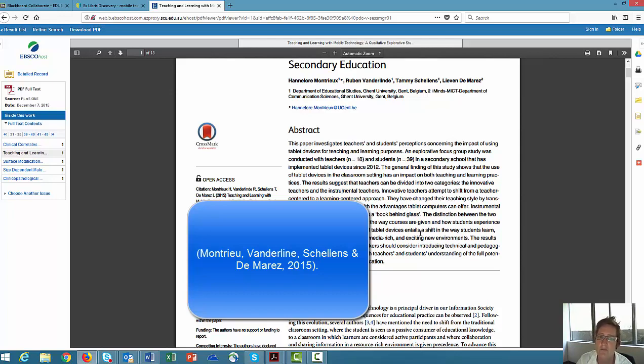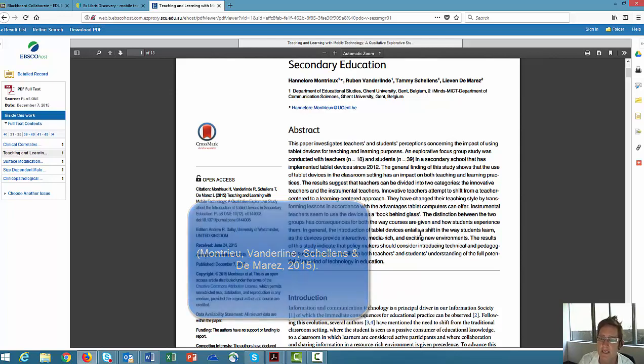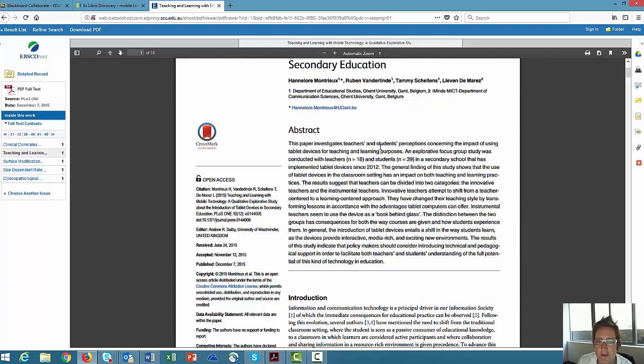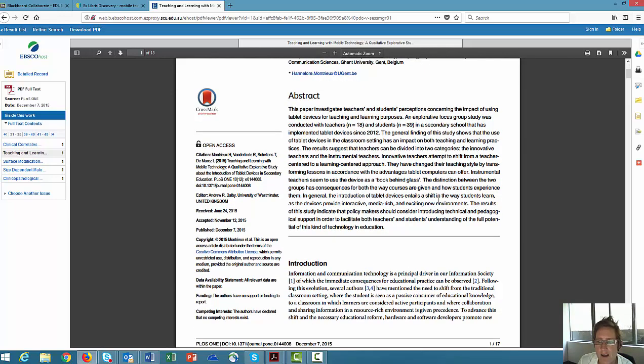Okay, in the abstract, we expect to find out what they did in the study. So it was a focus group, teachers and students, okay, since 2012. What are the results? They're here, which is great. They're saying policymakers should consider introducing technological and pedagogical support, okay, so that students better understand this education.